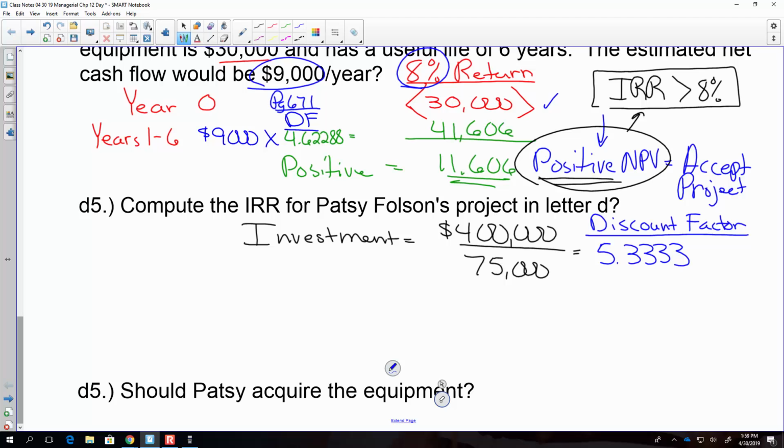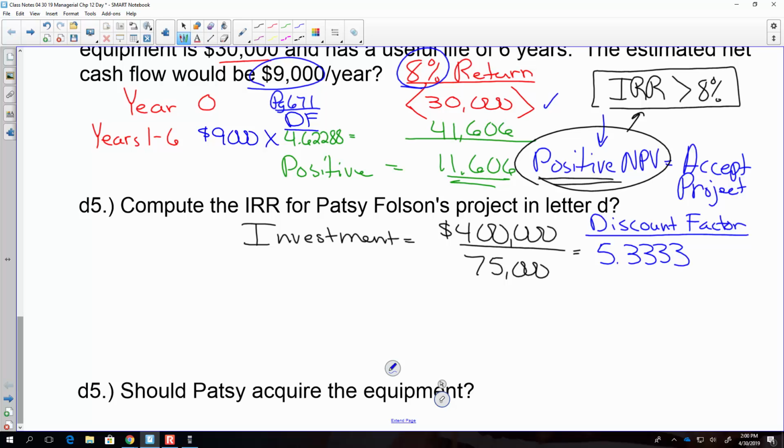It's an annuity. Now we're looking at, I think, how many years? I think it's 10 years. So you've got to be on row 10, the 8%. 5.33, never mind.